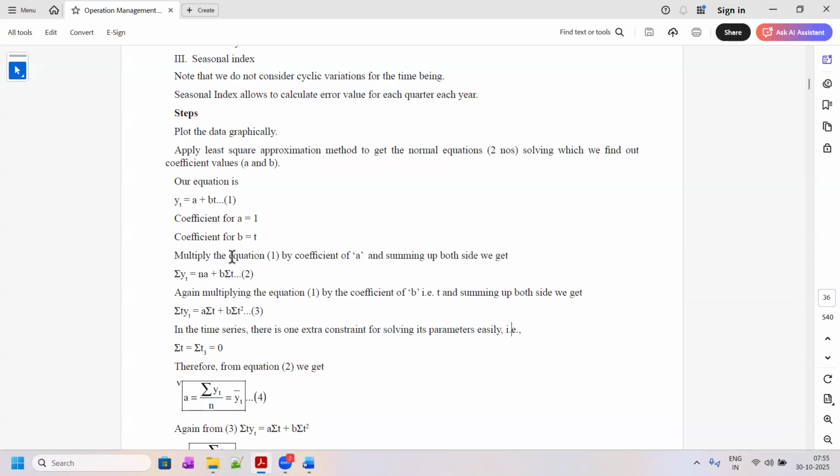We'll try to make this sum of t zero. If we make sum of t zero, then your value of a would be sum of y by n.